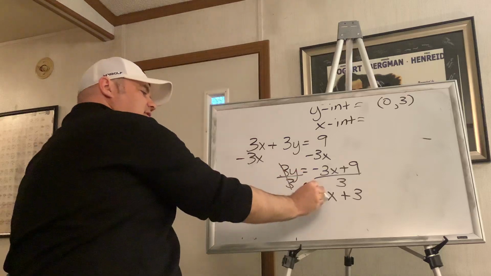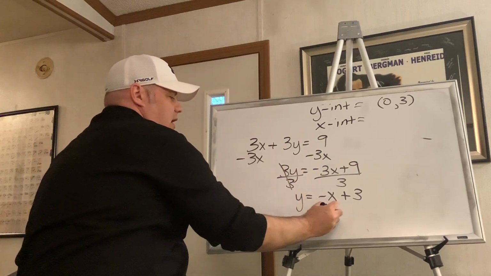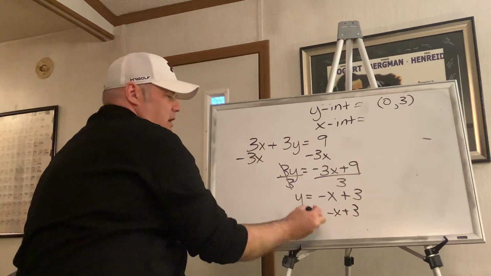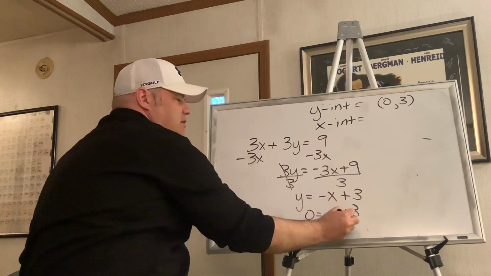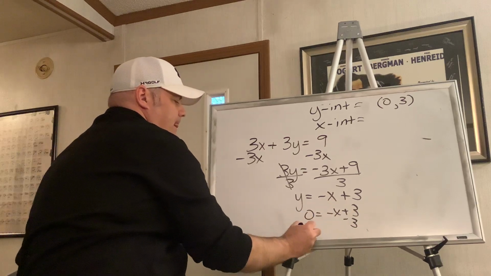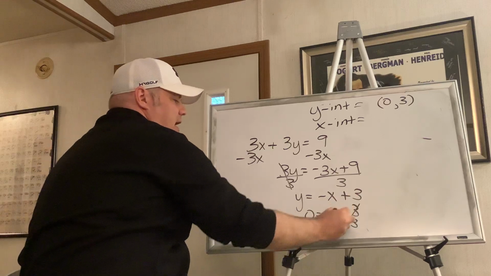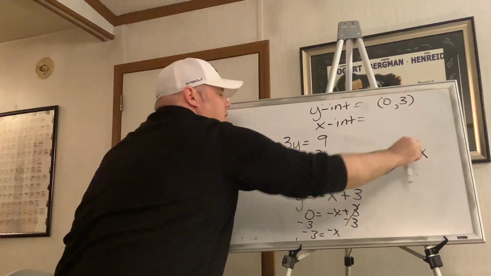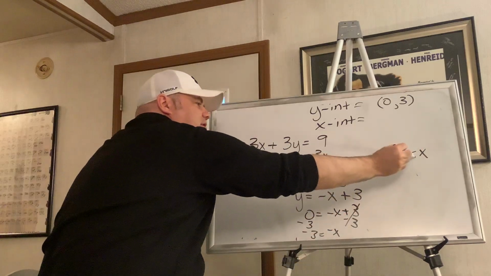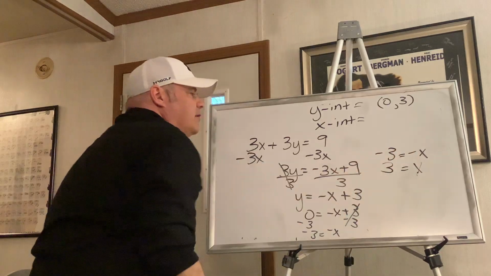But to find the x-intercept, now you plug in 0 for y and solve for x. So that means you move your 3. That's a negative x. And the last thing you need to do is, it's not negative x, you've got to change that to a positive, which means you change that to a positive.